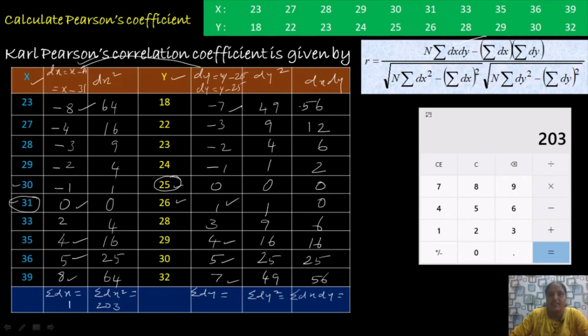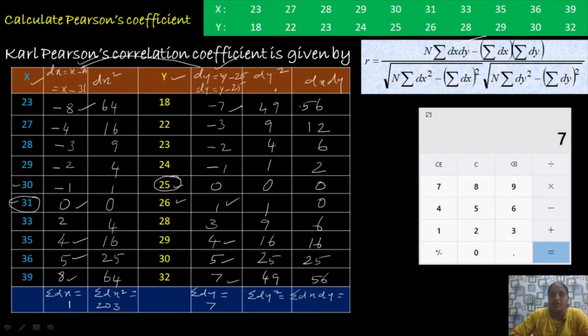Next, add the values of sigma dy: minus 7, minus 3, minus 2, minus 1, leave 0, plus 1, plus 3, plus 4, plus 5, plus 7, we get the total 7. That is, the sum of the deviations of y values from the assumed mean is 7.